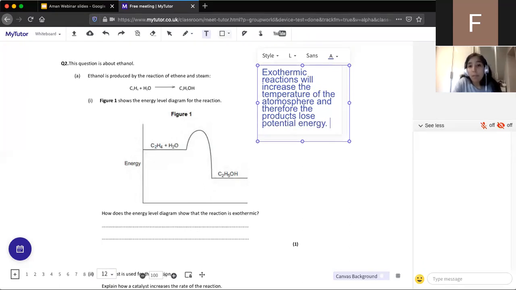What that means is because they lose potential energy, they have a lower energy than the reactants, because don't forget, the atmosphere is increasing in temperature. That means all the energy that the products had is being lost to the atmosphere.